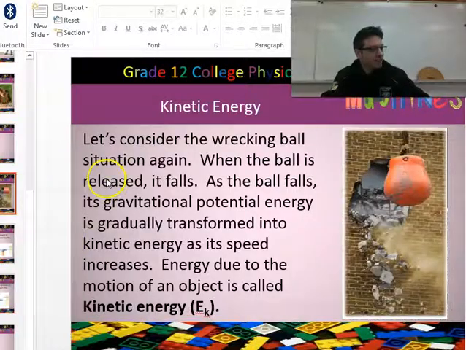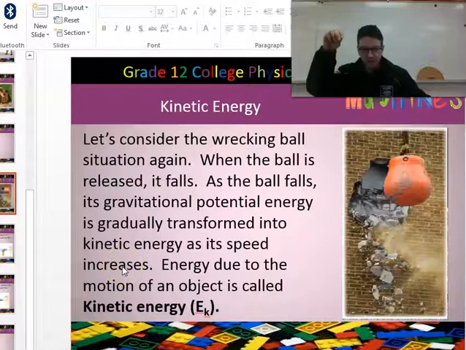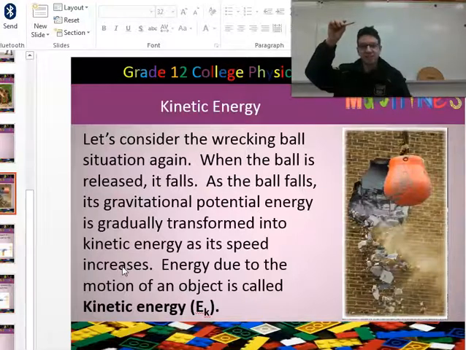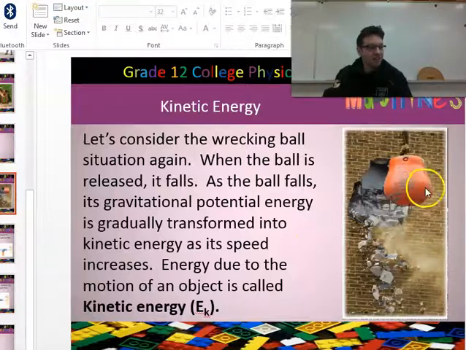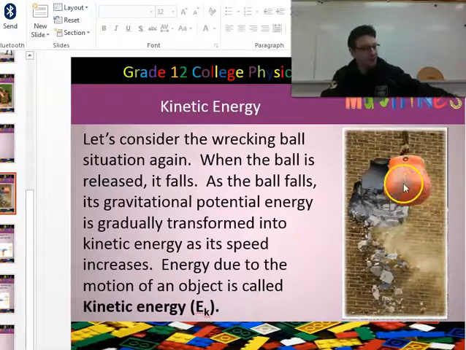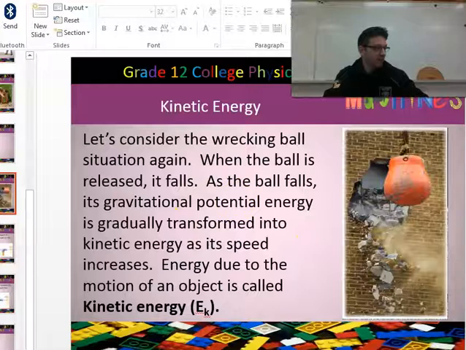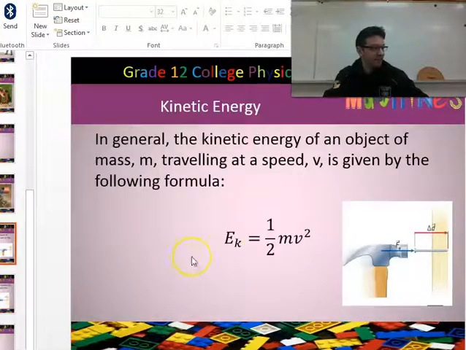All right, so next I want to talk about kinetic energy. Kinetic energy is, I've said this before, the energy due to motion. When you take something and drop it, gravitational potential energy in this case gets transformed into kinetic energy, just like our wrecking ball when it hits the building. Now the equation to calculate kinetic energy is 1/2 mv squared.